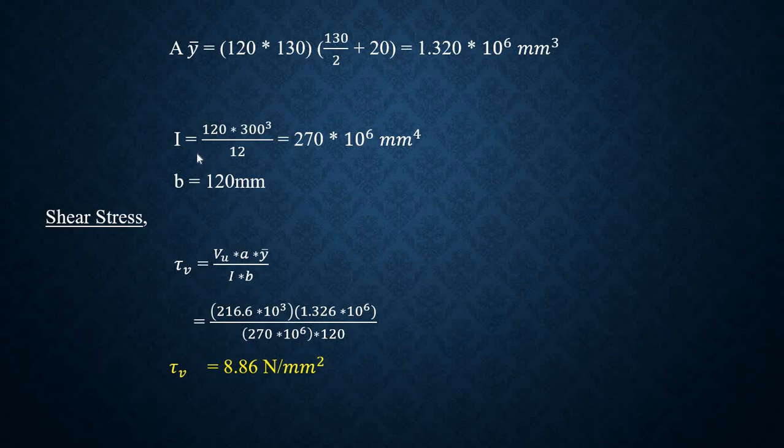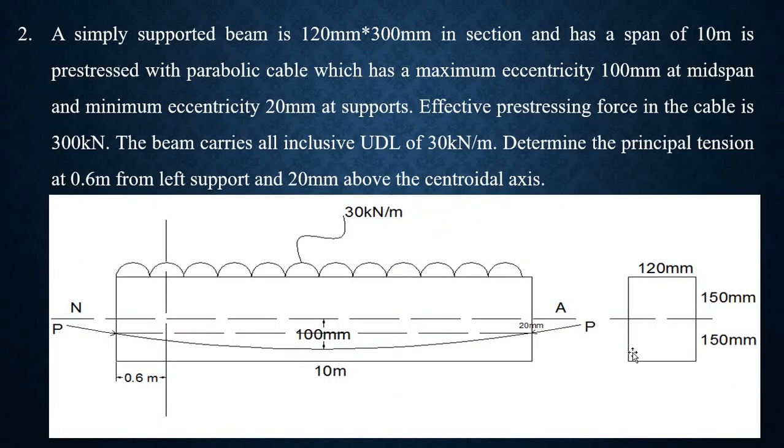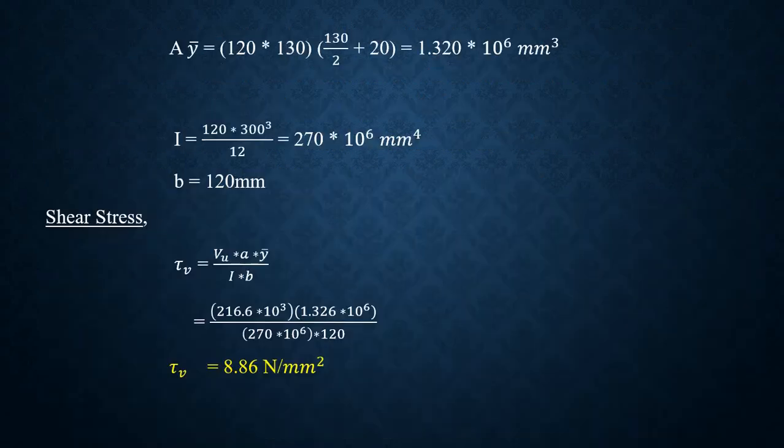Next is I, the moment of inertia for a rectangular section. To calculate this, we should consider the whole rectangular section, 120 by 300. So 120 by 300 cube, whole divided by 12, gives 270 into 10 power 6 mm power 4. B is the width of the section, given as 120 mm.